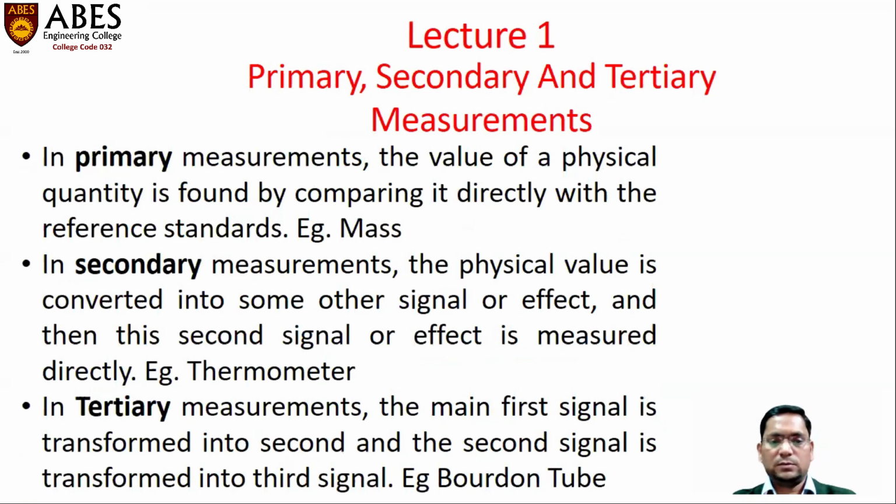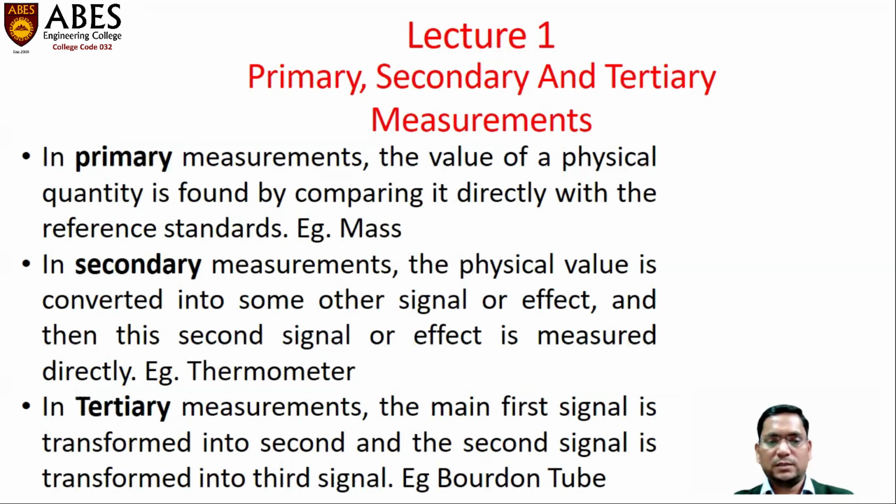In this slide, I will discuss how to measure: primary measurement, secondary measurement, and tertiary measurement. In the primary measurement, the value of a physical quantity is found by comparing it directly with the reference standard. In this measurement, the first one is the unknown quantity.